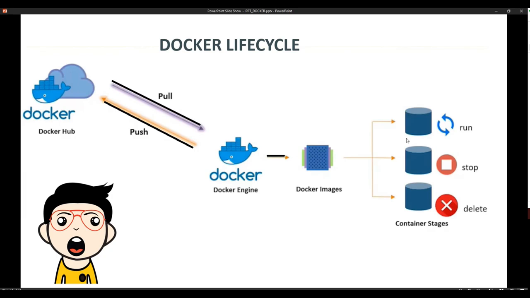So in short, a running instance of an image is a container. Now you can stop, start, or delete, or you can keep creating new instances of this image, which are new containers, as long as this image exists in your Docker server. Once this image is deleted, you can again pull it back from Docker Hub, and you can do the same thing again.